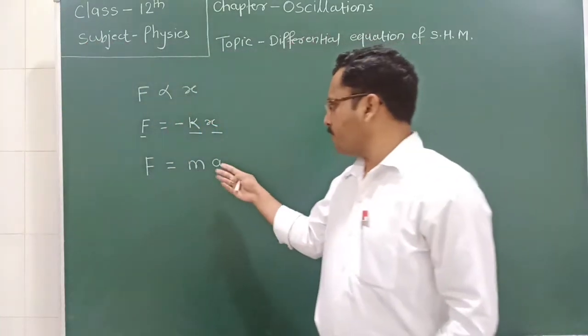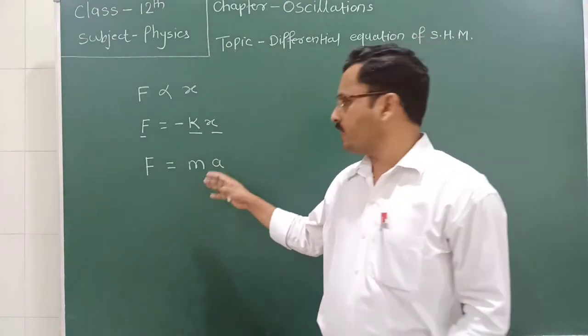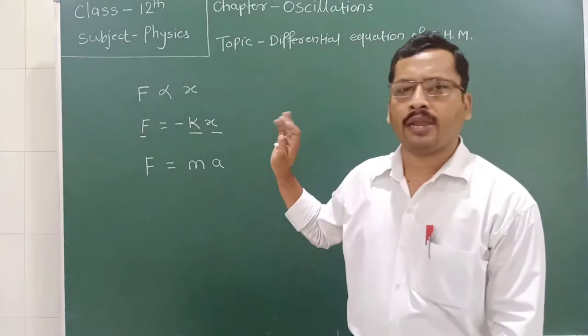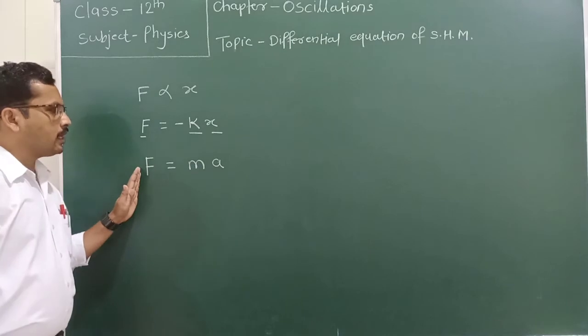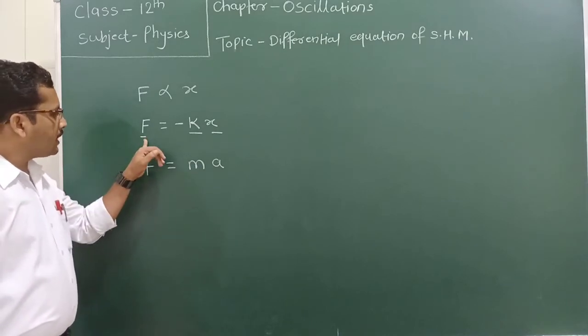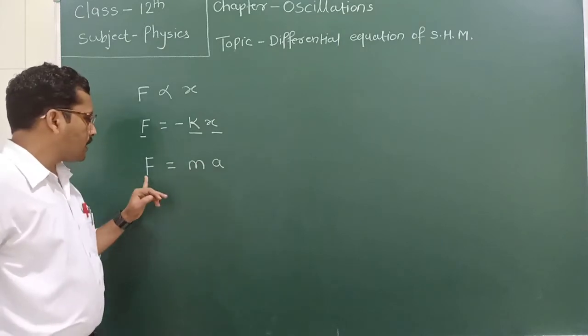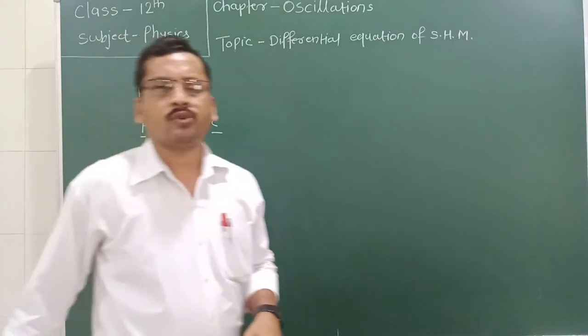This is the simple relation derived by Newton, and we studied this relation as Newton's second law in the 11th class. So here we got two relations, in which one says that force is equal to minus kx, and another relation, F is equal to m multiplied by a.